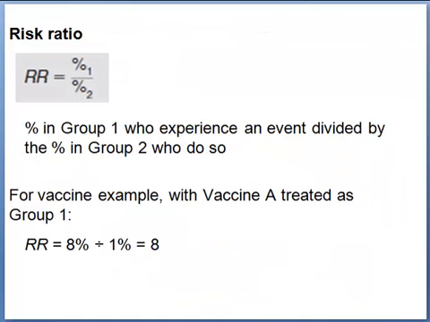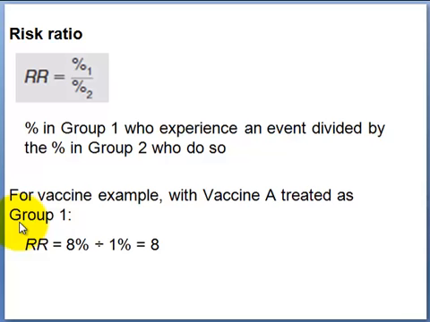Well, here is the risk ratio. To calculate, we're going to divide the percentage in group 1, experiences an event, by that in group 2. For the vaccine example, we've got to designate one group as the first group.